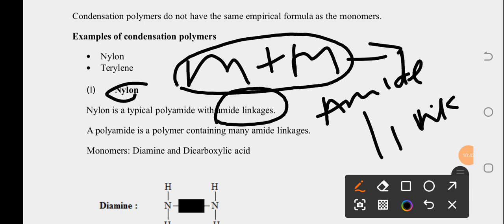I'm sure you're getting the point. The point where these two monomers join up together is the one which we call the amide linkage.